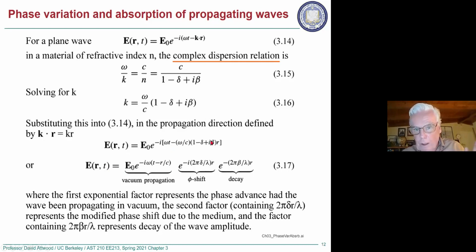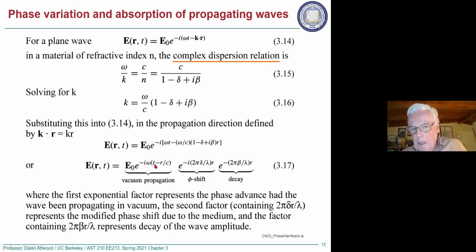But there are two other terms here, one involving delta and one beta. You just follow through the algebra here; you can take my word for it. One depends on delta, the real part of the refractive index, and that just produces a phase shift. This is not an amplitude term; it's an imaginary oscillating term.